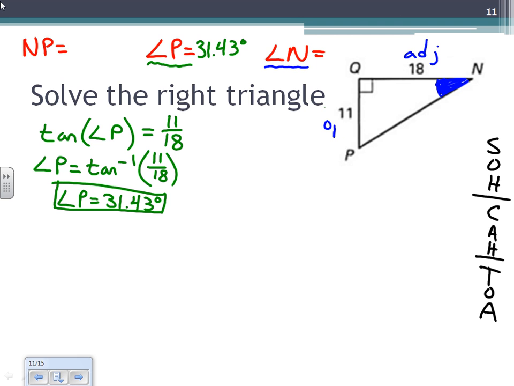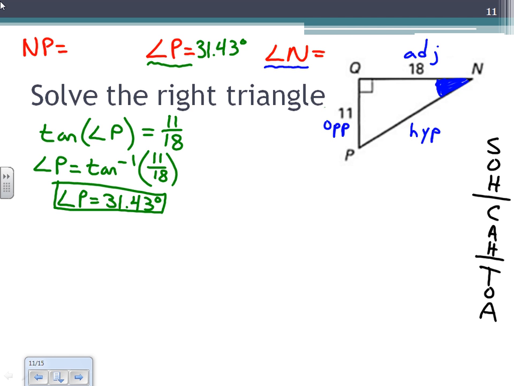And hypotenuse. Which two numbers have we been given here, Stephanie? And what two sides are those going to be? What's the name of 18 and 11 in words? Very good. And which of our trig functions uses the opposite and the adjacent? Tangent? Good.